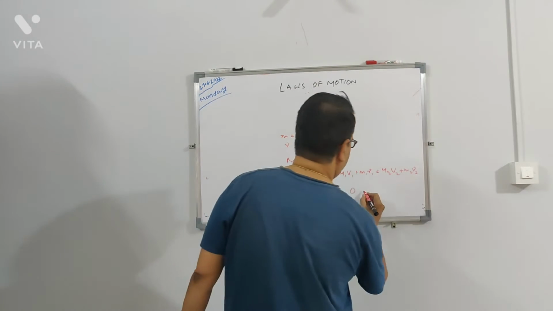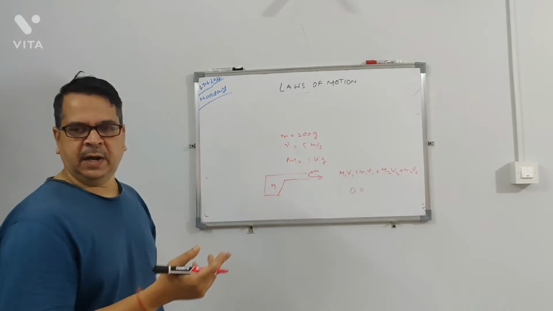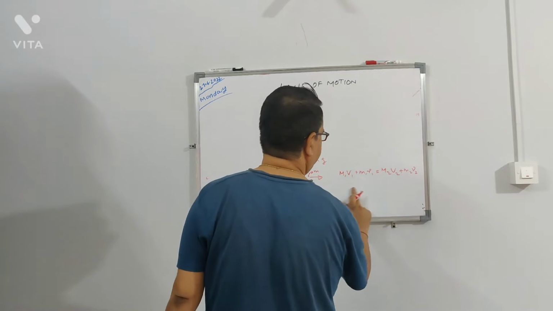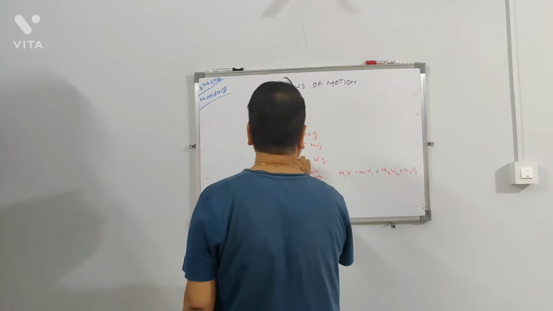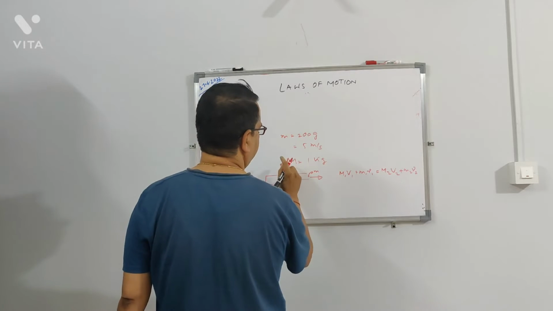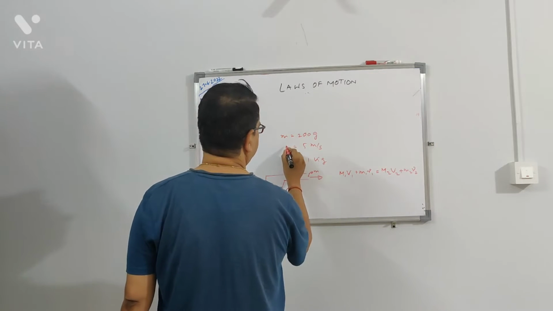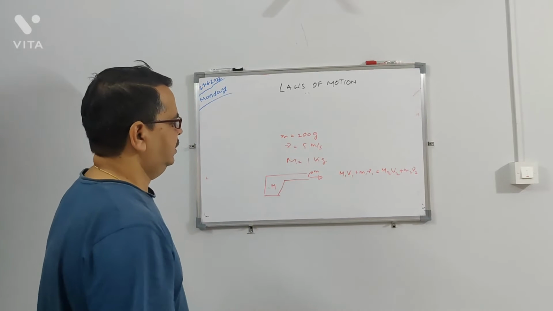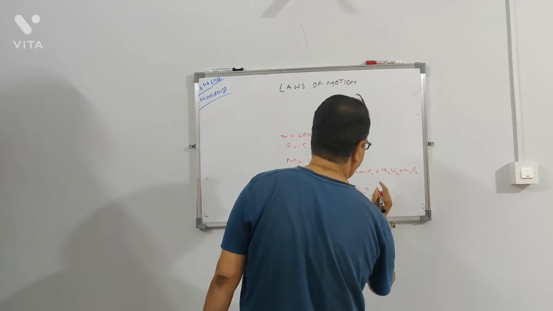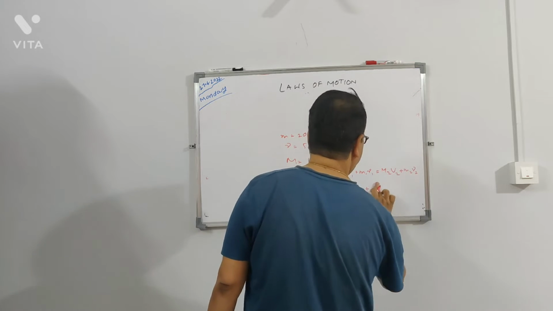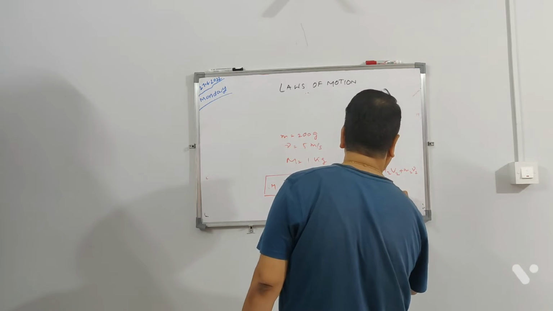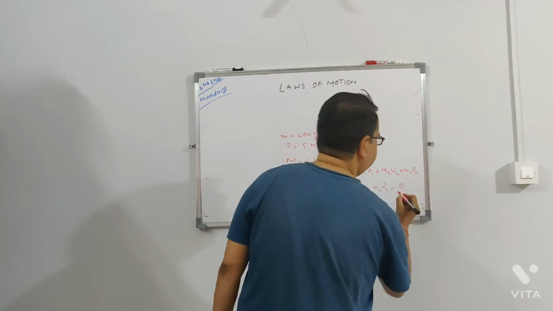Then when you fire the bullet, I want to find out capital V. So let me write it as M V plus small m v is equal to 0, right?